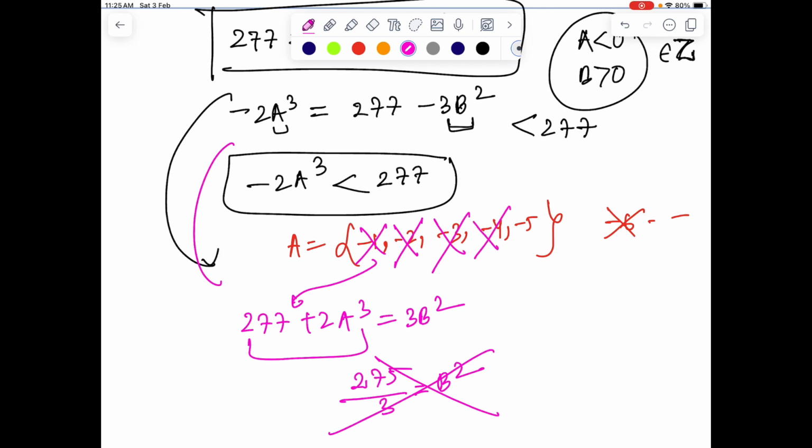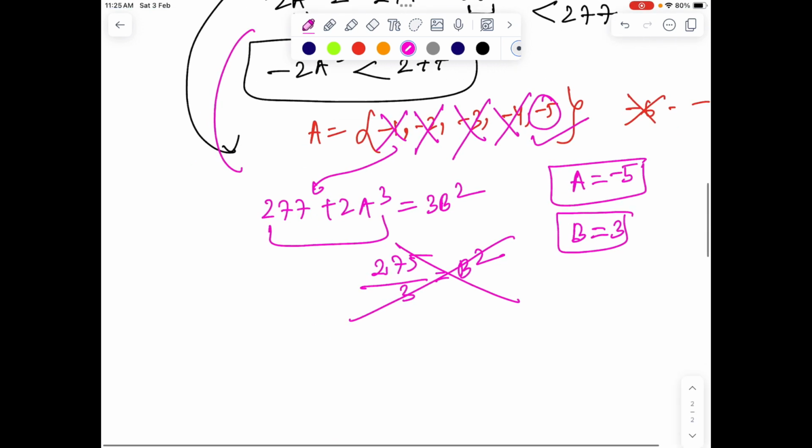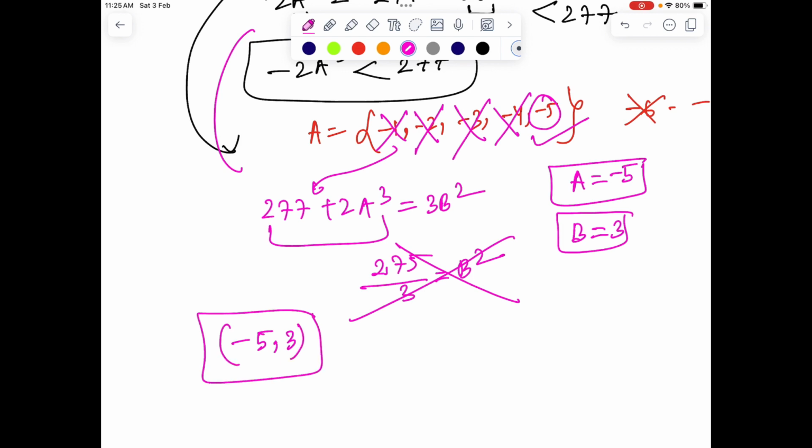Similarly for minus 2 it's not working, minus 3 it will not work, minus 4 is not working, minus 5 if we keep it, it's working. So the value of a is minus 5. Once we put a equals minus 5, we get b as 3. So the only ordered pair a, b under this condition is minus 5, 3.